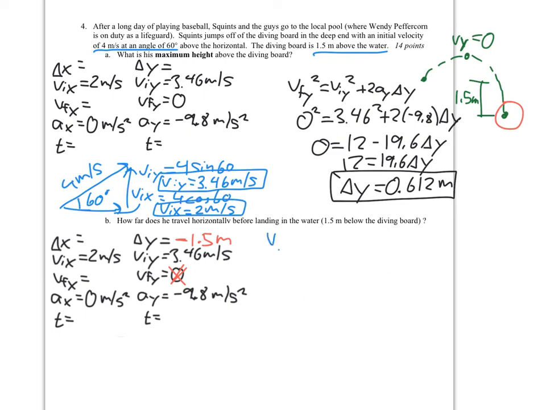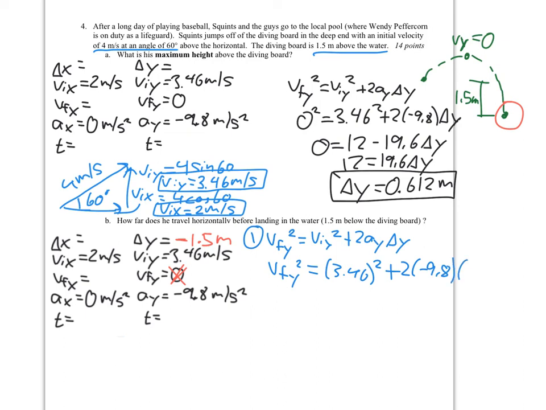So I'm going to say VFY squared equals VIY squared plus 2AY delta y. And so I can sub in what I know. I don't know my final y velocity squared because now I'm thinking about the very end. I do know my initial is 3.46, plus 2 times negative 9.8 times negative 1.5. We do want to make sure it's negative because we're landing below the spot where we started.